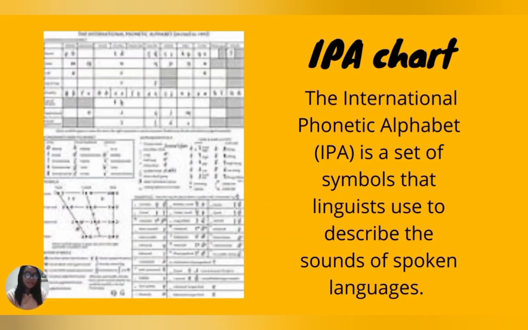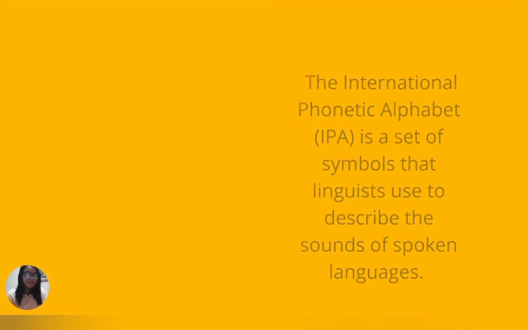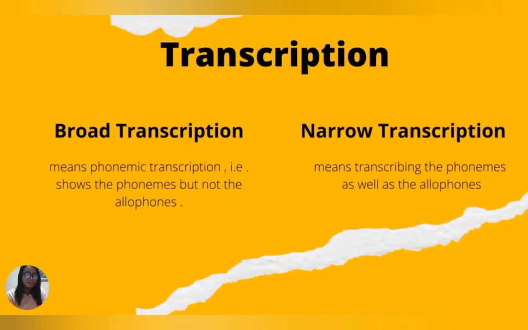The International Phonetic Alphabet (IPA) is a set of symbols that linguists use to describe the sounds of spoken language. And what is the definition of broad transcription and narrow transcription? Yeah, this is the definition.